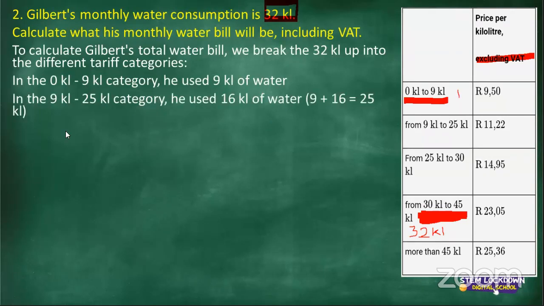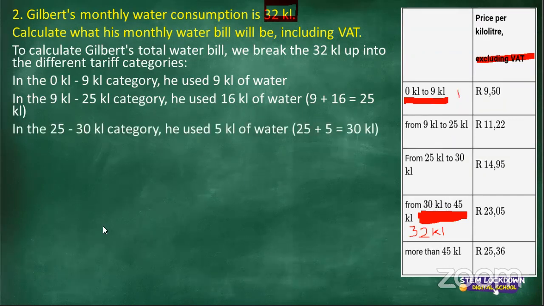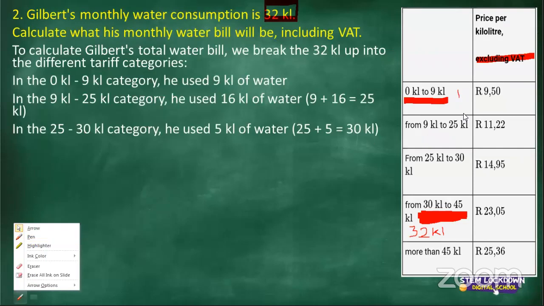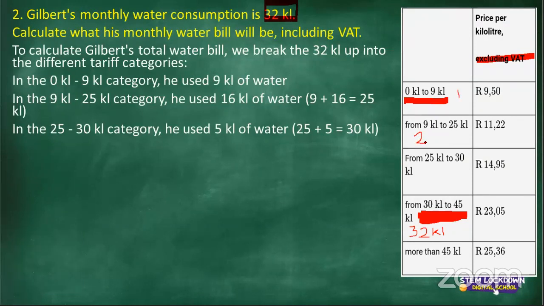In the second category, which is the 9 to 25 kiloliters, he has used how much? He has used 16. You can say 25 minus 9, you would get 16. Or 9 plus 16 gets you to the maximum here, which is 25 kiloliters. So in the second category, he has used 16 kiloliters of water.